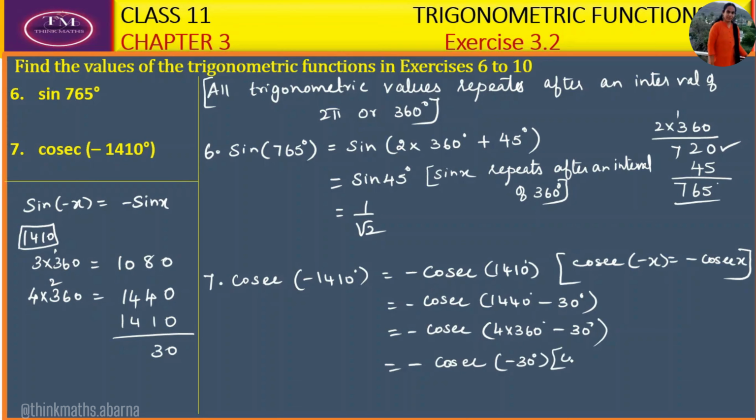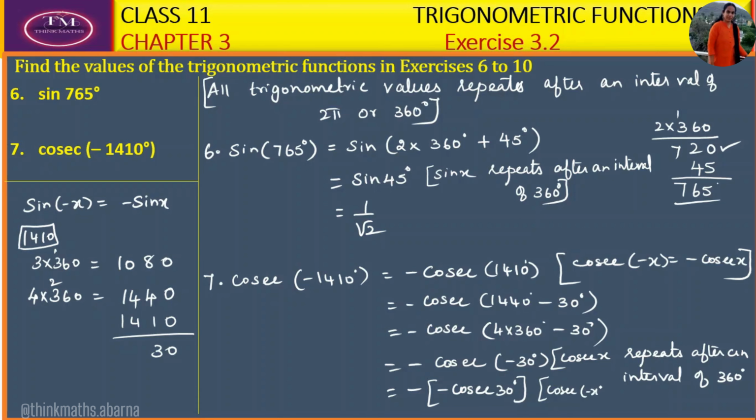The reason is cosecant x repeats after an interval of 360 degrees. Okay. So again, minus cosecant of minus x is minus cosecant x. So minus cosecant 30. The reason is cosecant of minus x equals minus cosecant x. Okay, children. So it will be plus cosecant 30. Minus into minus is plus cosecant 30.